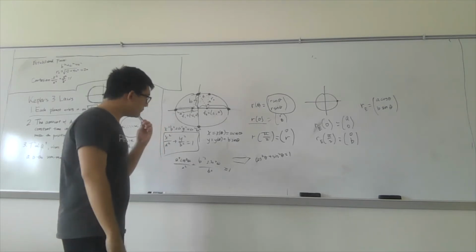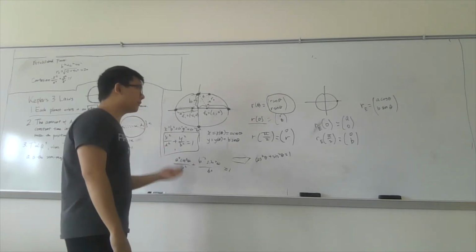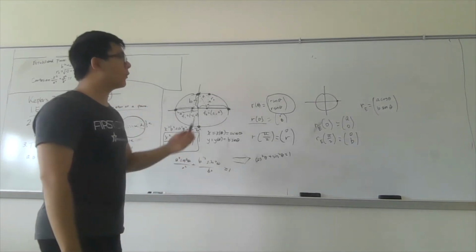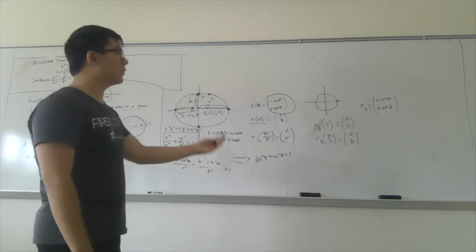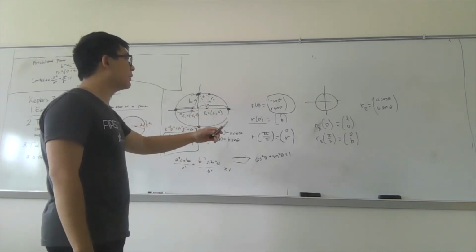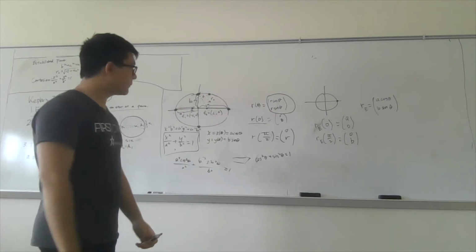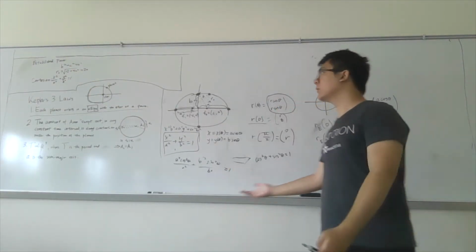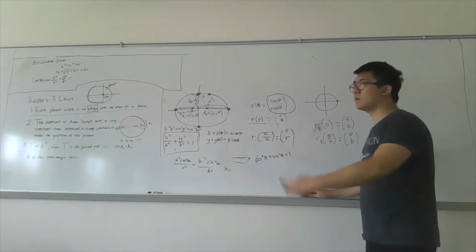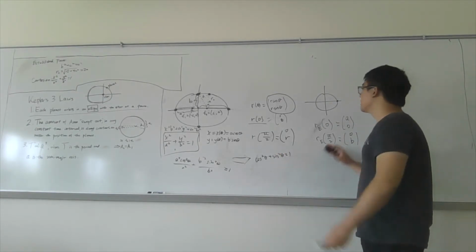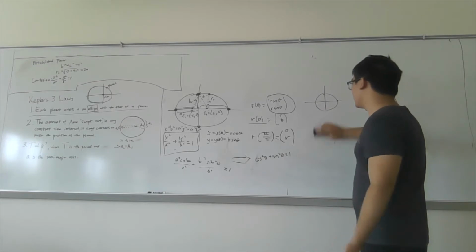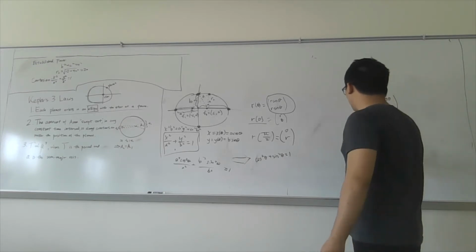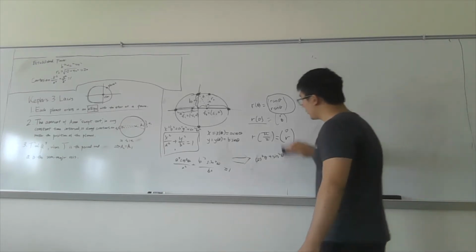So this is very nice because it corresponds to what our natural parameterization of the ellipse would be, given the parameterization of the circle. This fact doesn't really matter, I just want to bring it up, but it's not really necessary to our proof.